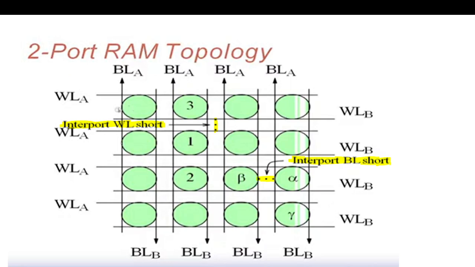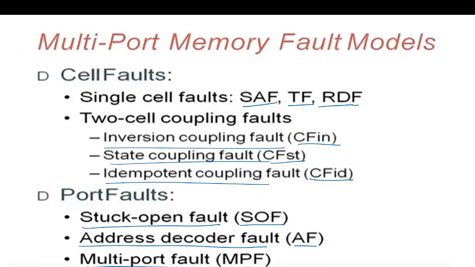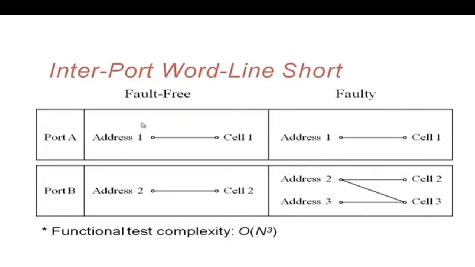So we have an interport word line short and an interport bit line short. These are the bit lines and these are the word lines. So interport word line short means there is a short here. This is for interport in the faulty circuit.